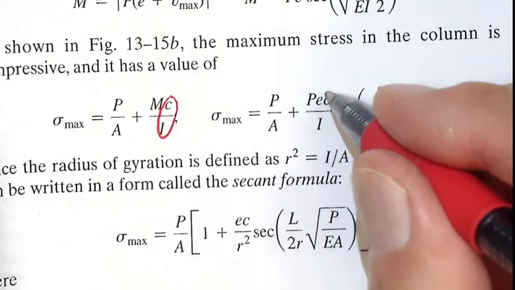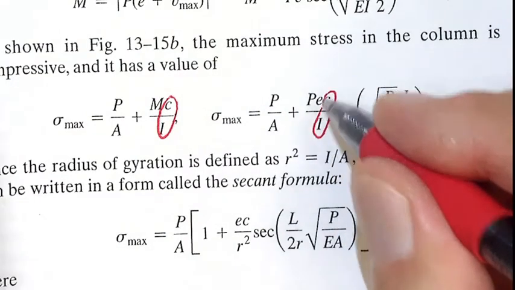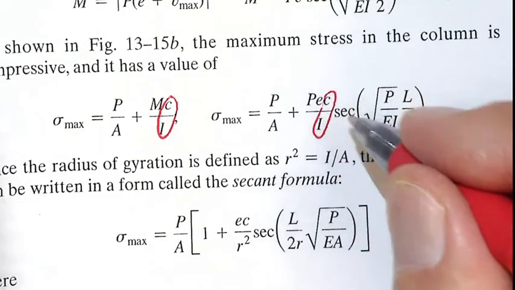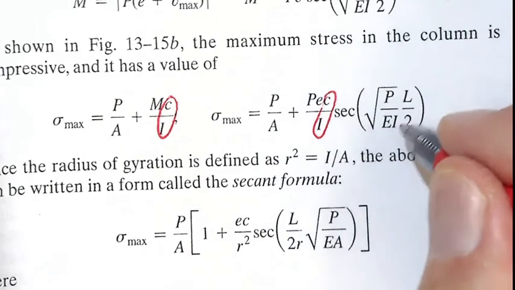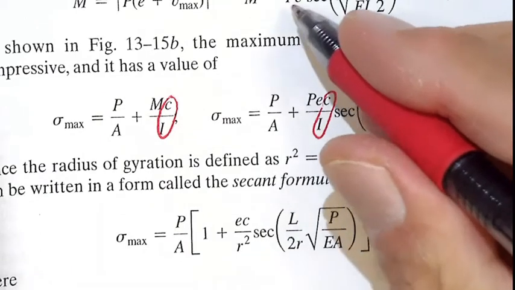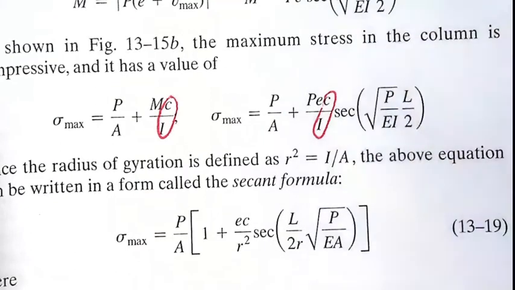So it is e times secant of square root of P over EI times L over 2, from the second formula.